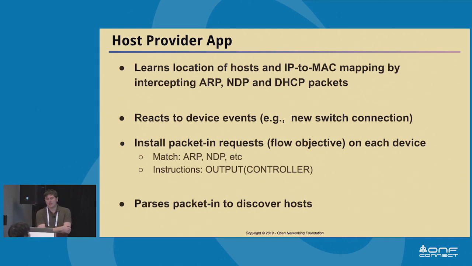So what ONOS does, it installs a flow objective that matches on packets like ARP, NDP, DHCP request. All these packets are cloned to the CPU, so the controller. And based on the information contained in these packets, like the MAC address, the IP address of a given host, along with the switch and the ingress port where the packet was received, that's how ONOS is able to discover new hosts in the network.